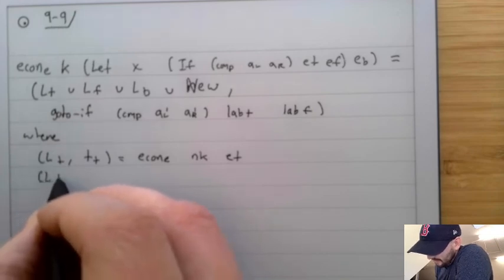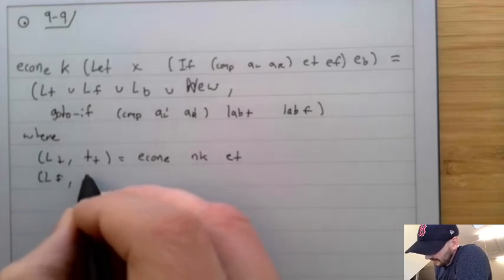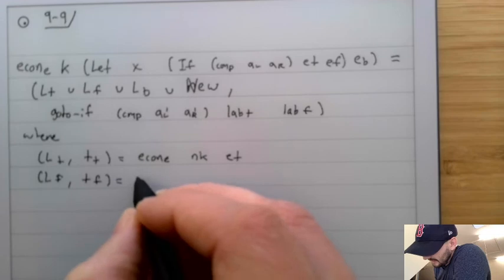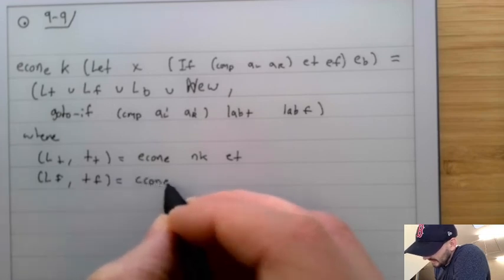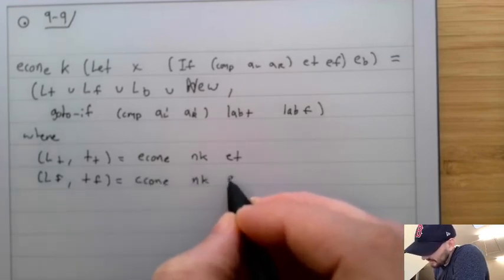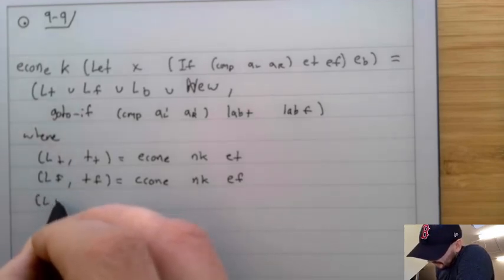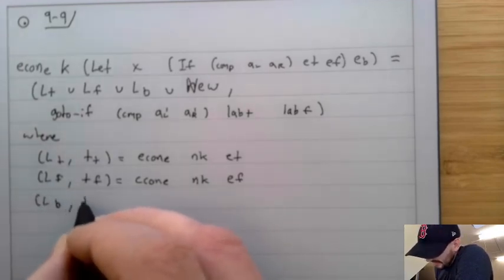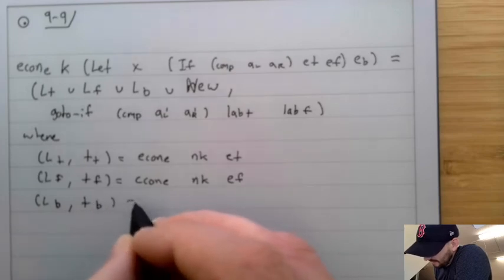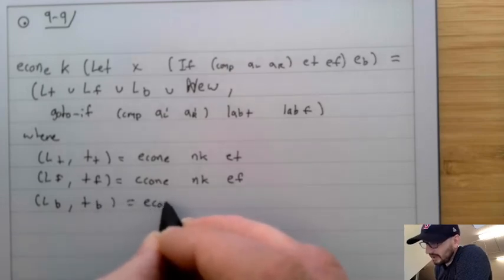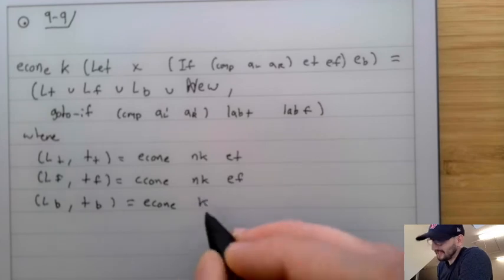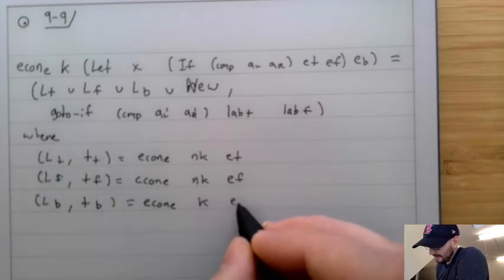The labels for the false and the tail for the false is econ E of the new continuation and EF. The labels for the body and the tail for the body is econ E with the old continuation K and the expression for the body.